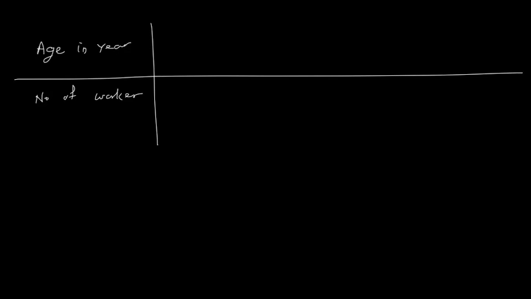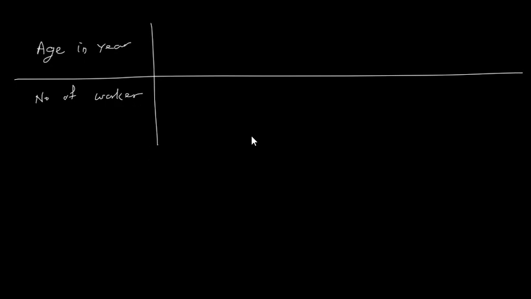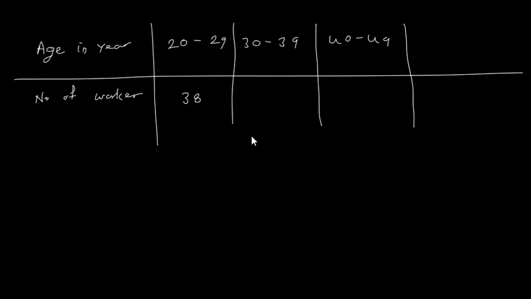So age in years, we see it is 20 to 29, we have 38 workers. Then 30 to 39, then 40 to 49, 50 to 59. Let us check whether we are right.